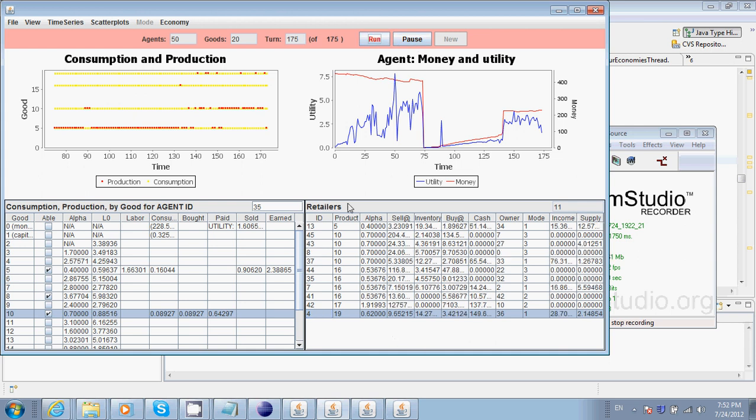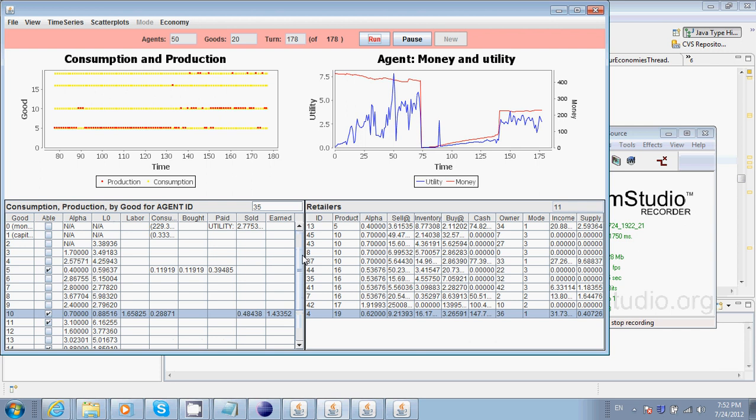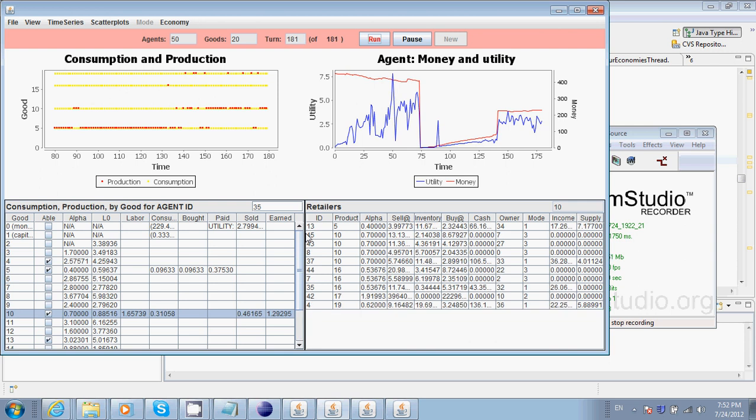And if we keep running this, so this will keep changing up. It looks like, see now he switched jobs. So we followed him through several turns.